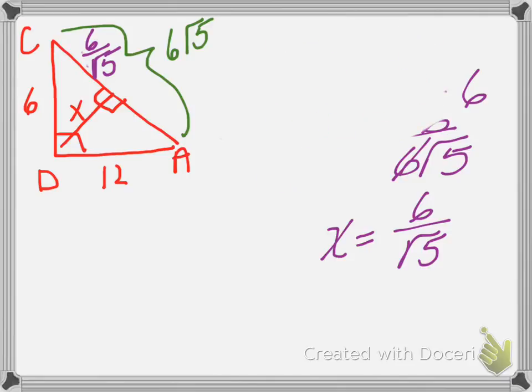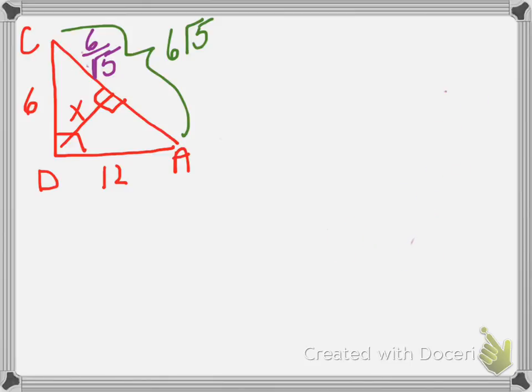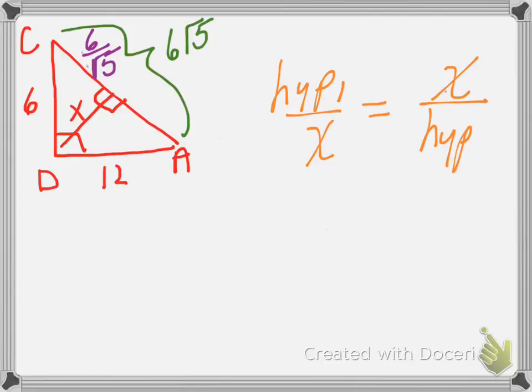Now remember, we're still looking for this altitude. At some point we are going to need the altitude rule. Remember the altitude rule is this proportion that says the altitudes go there, and then you're going to have one part of the hypotenuse here and the other part here. We actually have one part now, so we can replace this little piece here with 6 over radical 5.